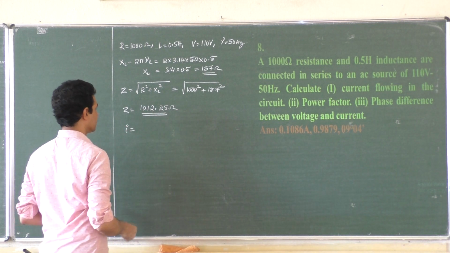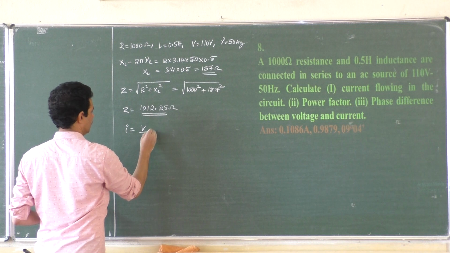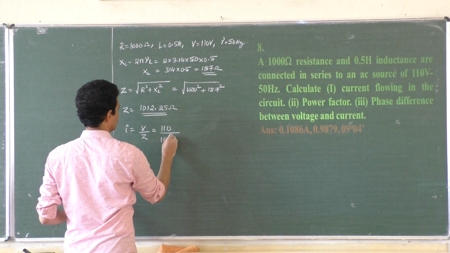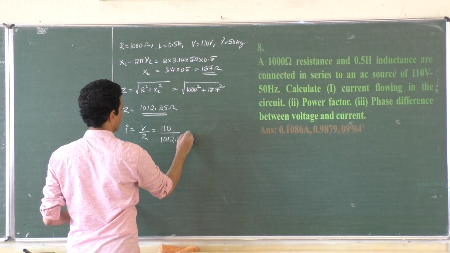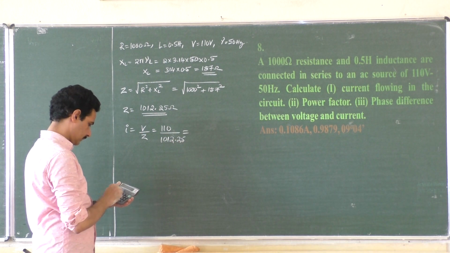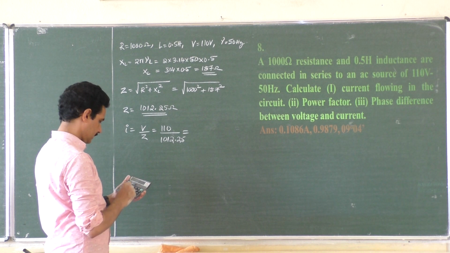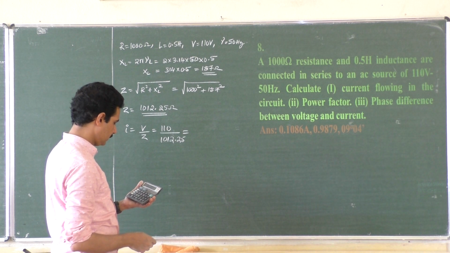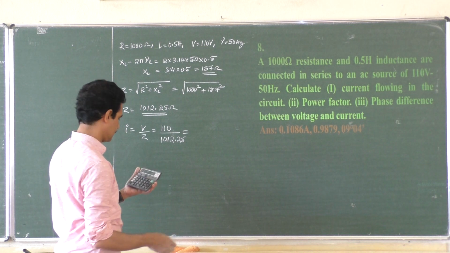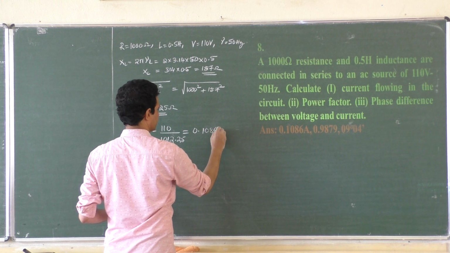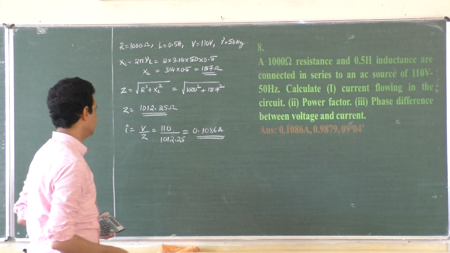Current flowing in the circuit: I is equal to V by Z. RMS voltage V is 110, Z is 1012.25. 110 divided by 1012.25 is 0.1086 amperes. This is the current.